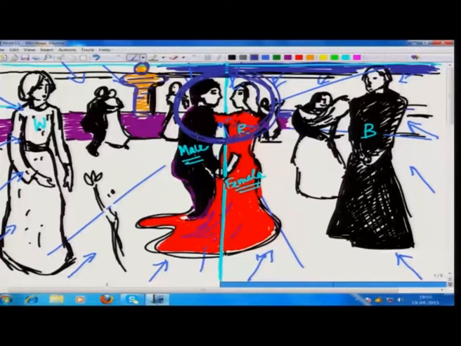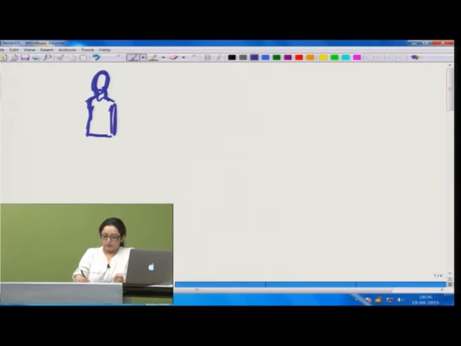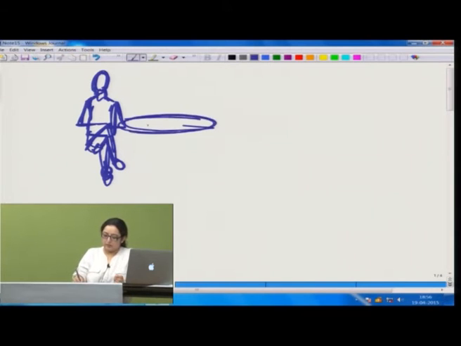So, let us take some examples which are not as proper as this. We may think of creating two characters, like if this is our frame, then let us place the character somewhere here. So, he is a man sitting, there is a table.